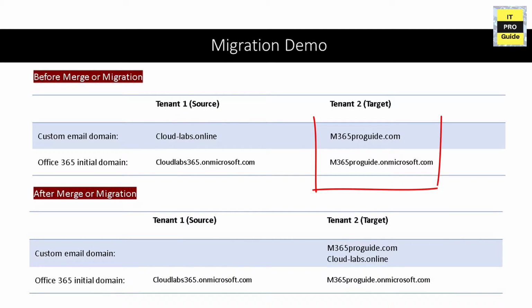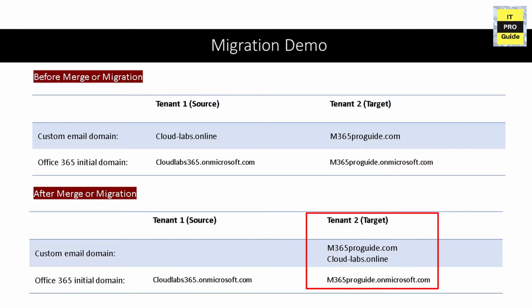Our target domain is m365proguide.com, and the tenant name is m365proguide.onmicrosoft.com. After migration, we need all the users to be moved to tenant 2, that is our target tenant, m365proguide.onmicrosoft.com, and I also want to move the custom domain name that I was using with the source tenant to the target tenant.